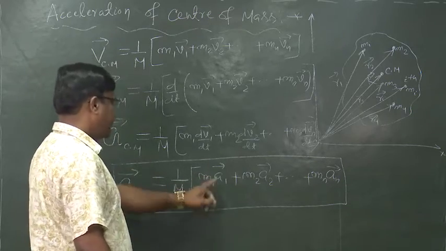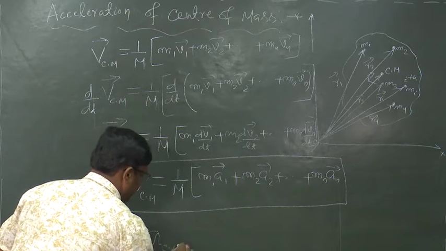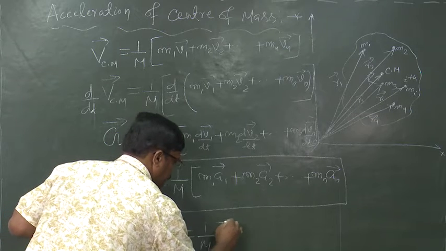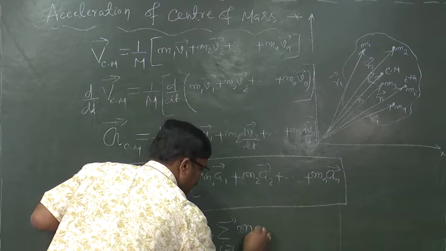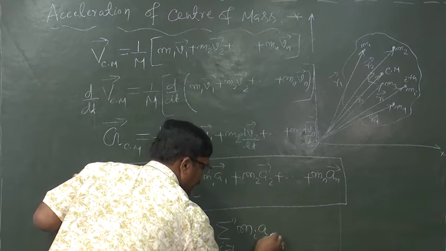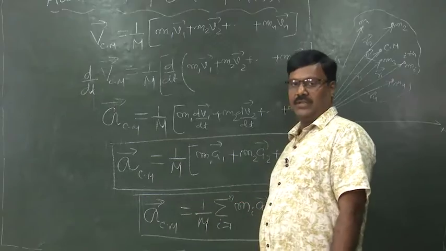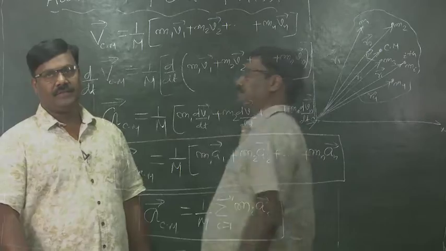Now, this can be reduced to a center of mass equal to 1 by m sum over i equal to 1 to n mi ai. This is the expression for the acceleration of the center of mass.